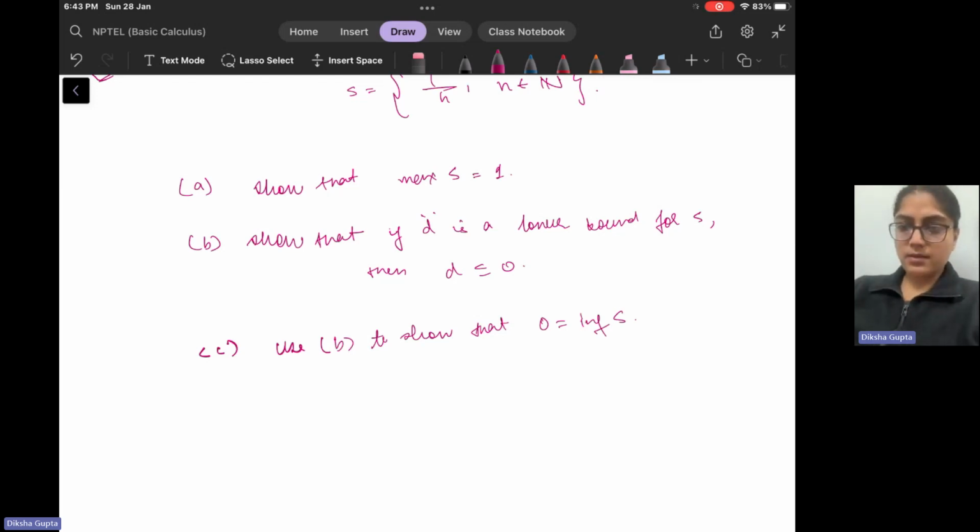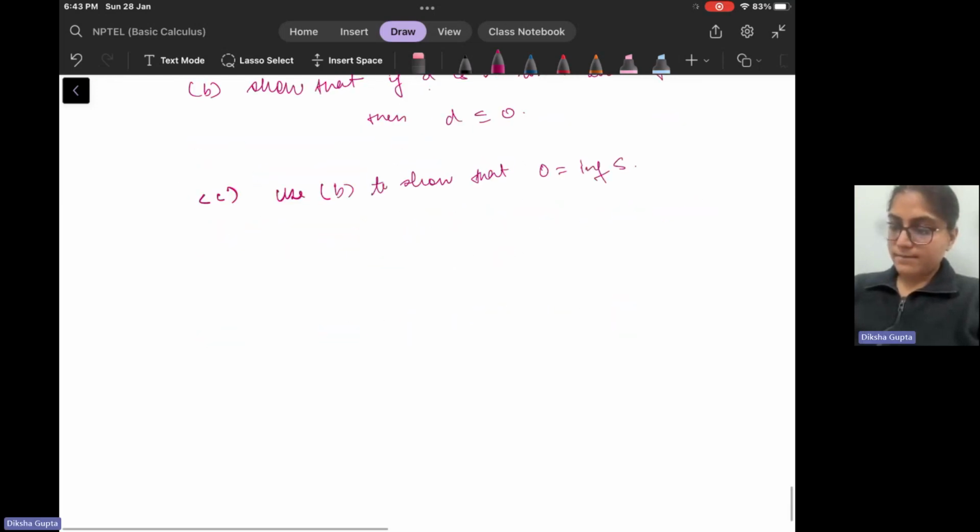There can be many lower bounds, right? Elements of the set are greater than that. Then any number below this d will also be a lower bound, but you have to find the greatest lower bound. Okay.